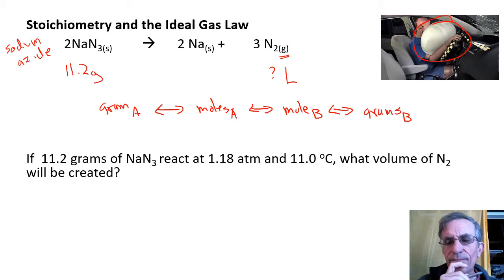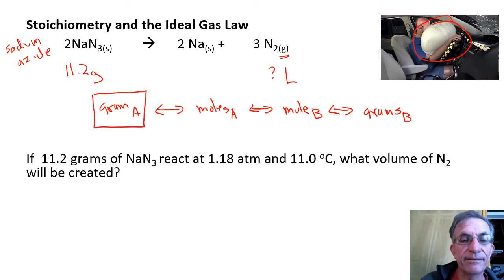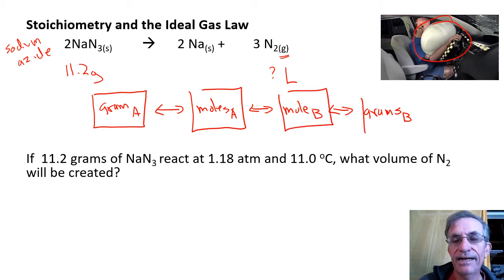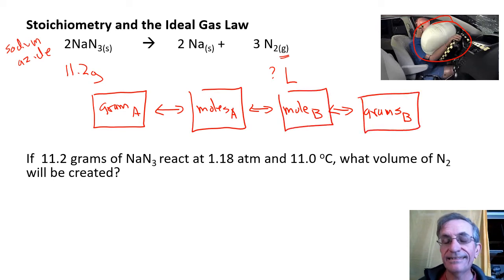That's how we did these stoichiometry problems in a previous chapter. We started with grams, and I asked you about grams. Now, in this one, I'm not asking you how many grams of nitrogen you can make. I'm asking you how many liters of nitrogen you can make. So a lot of it's going to be kind of the same. We're going to start off with our grams of sodium azide.